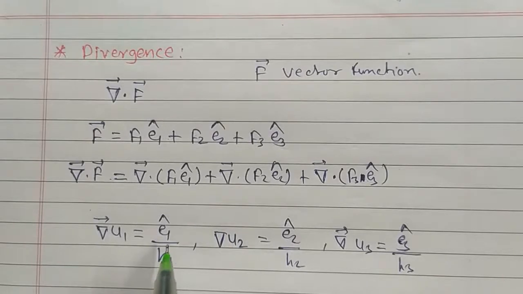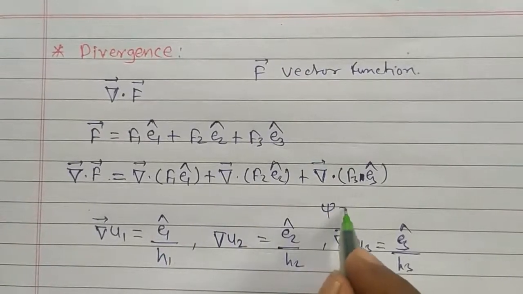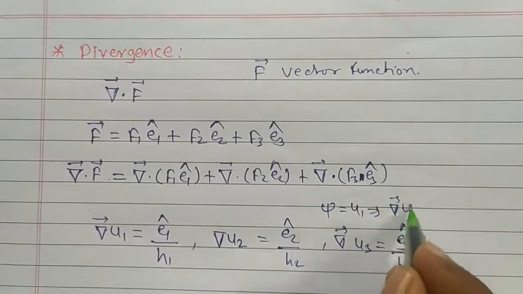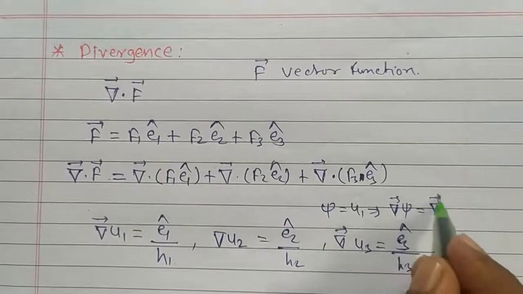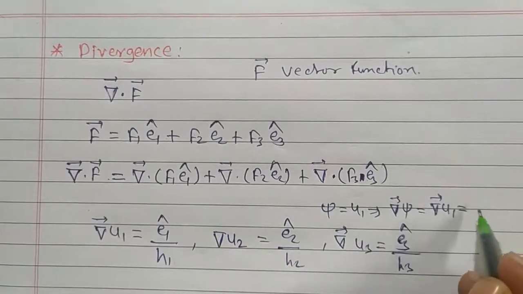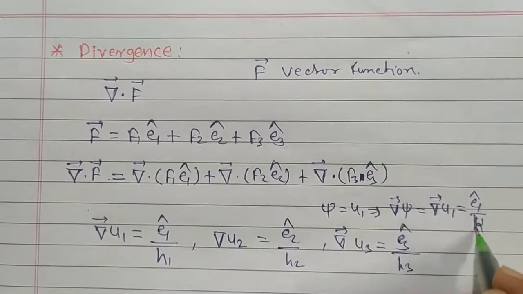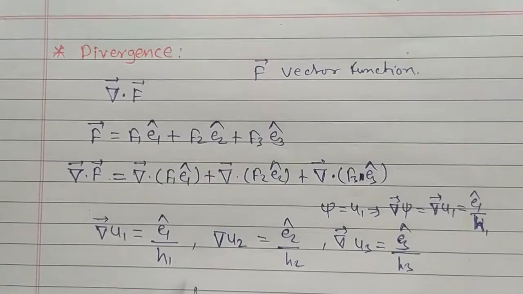We obtained this by saying that if psi is u1 and we operate del bar on psi, that is del bar u1, we get e1 cap upon h1.